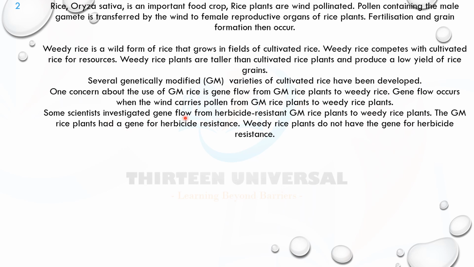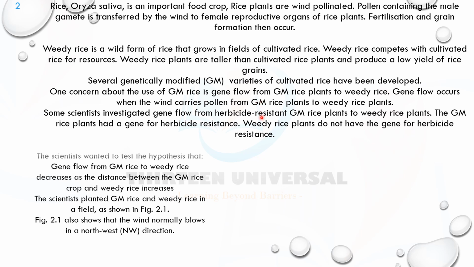Some scientists investigated gene flow from herbicide-resistant GM rice plants to weedy rice plants. The GM rice plant had a gene for herbicide resistance. Weedy rice plants do not have the gene for herbicide resistance. So GM has the gene for herbicide resistance; weedy doesn't have it. So as you read, you think through the lines, okay?